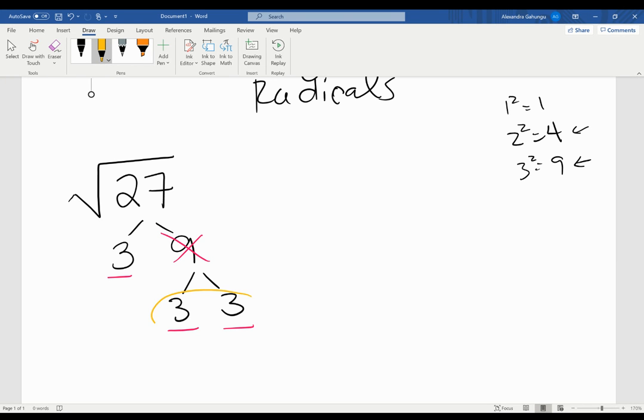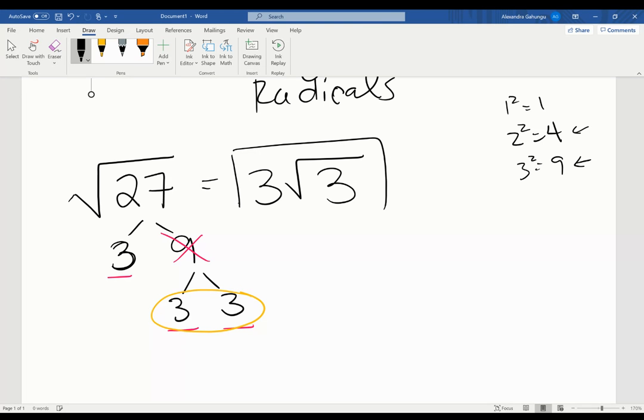So 3 has a buddy, so it can leave the house. I've got two 3s here, meaning one 3 can leave the house. And I notice that I've got this other 3. It doesn't have a buddy, so it stays in the house. So this is its simplified form. We were able to take out any perfect squares by looking at this factor tree.